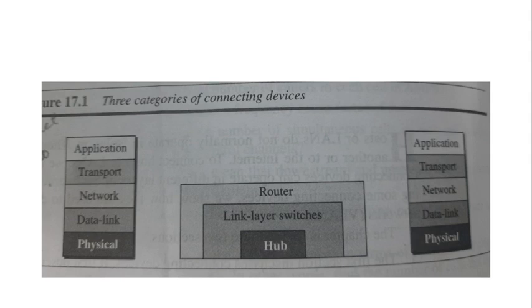And third, we have the router that operates in all the first three layers, that is physical, data link, and network layer. The data link layer switch operates not just in the data link layer, but in both the physical layer and the data link layer.